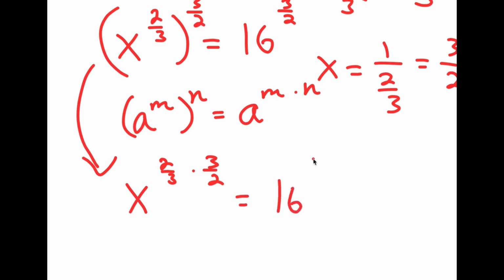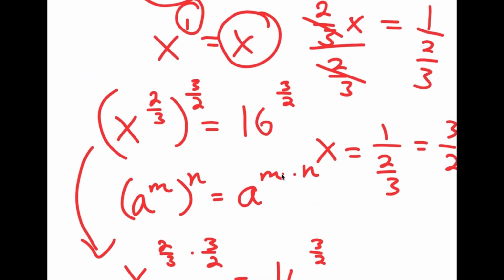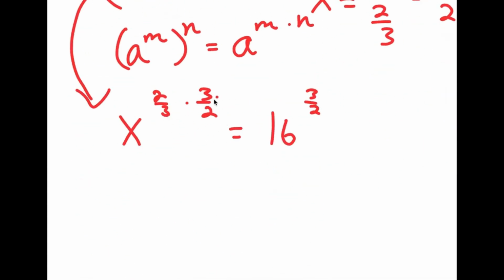And this is equal to 16 to the power of 3 over 2. And remember, like I said, two reciprocals multiply with each other, they make 1. So this is the same thing as x to the power of 1 is equal to 16 to the power of 3 over 2.